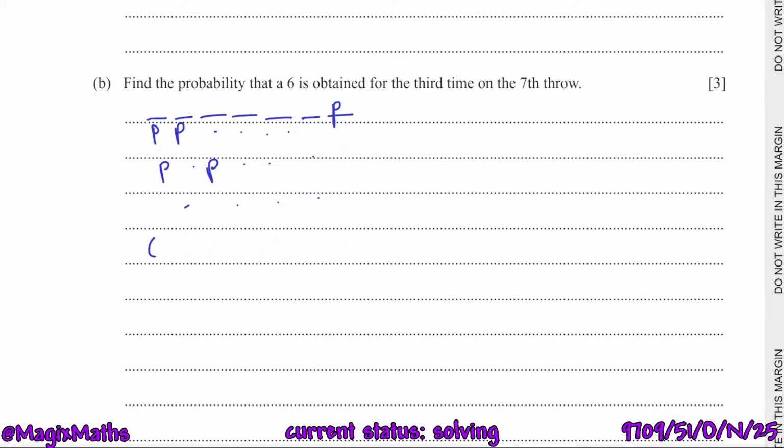So we're gonna arrange for the first 6 attempts, we're gonna arrange 2 successes and 4 failures.